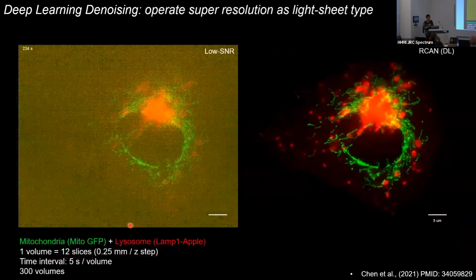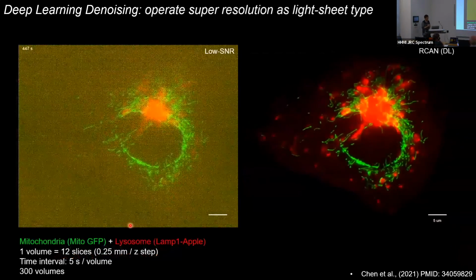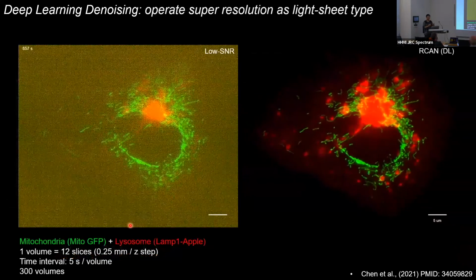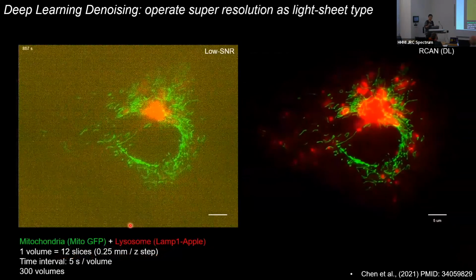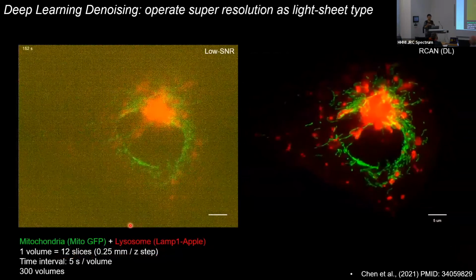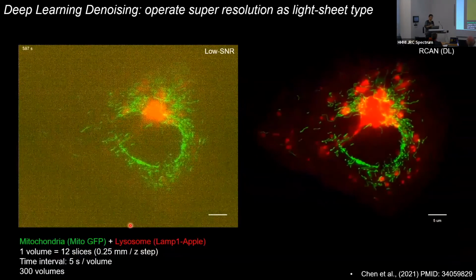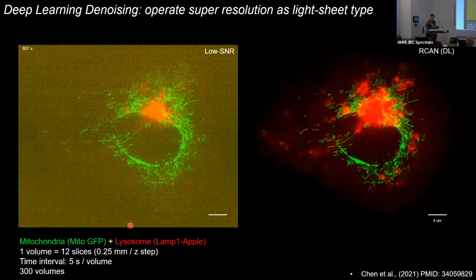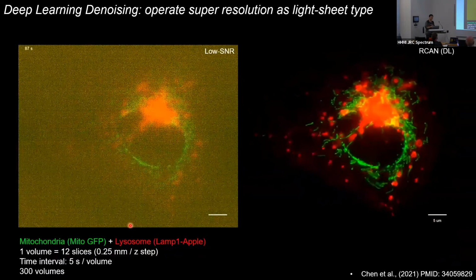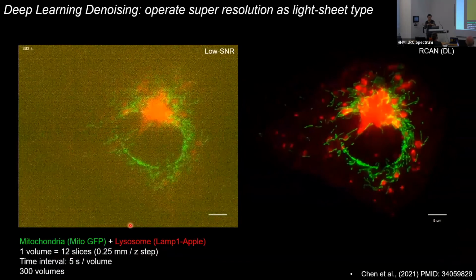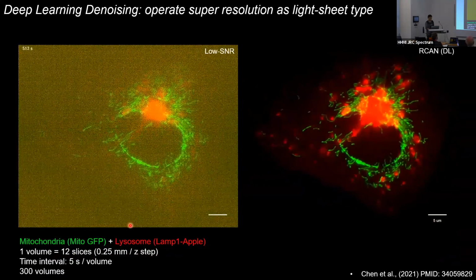The real strength of these neural networks is that the training data is always based on fixed and dead cells, because you definitely do not want some registration issue when you acquire the low SNR and high SNR data. But you can then apply this model to live cell imaging, right?